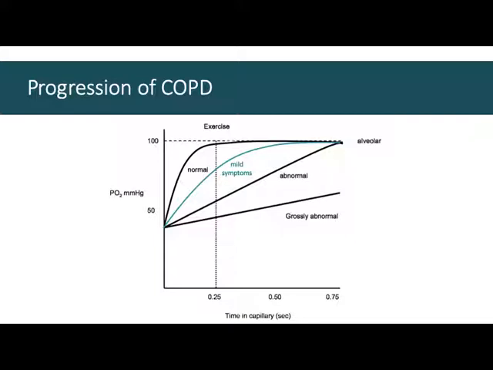With a set of mild symptoms, we do get full gas exchange eventually within the 0.75 seconds that's characteristic of a resting transit time. With mild symptoms, normal everyday activities aren't impacted. But as we decrease transit time, which happens when we move to exercise, we start to see incomplete gas exchange.